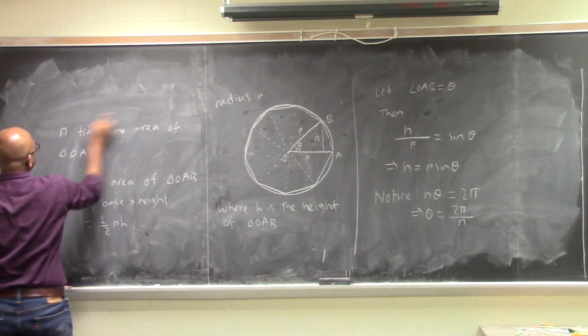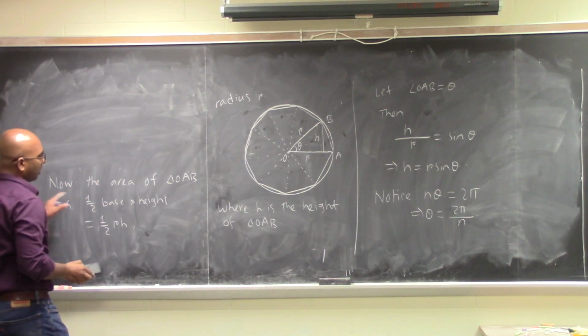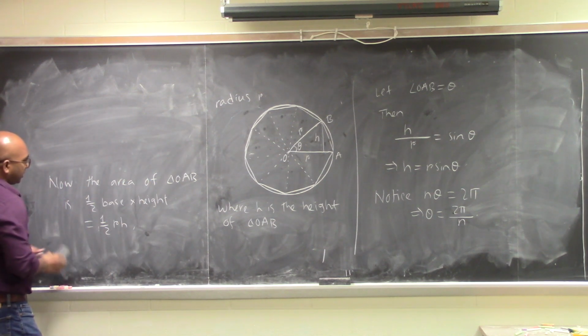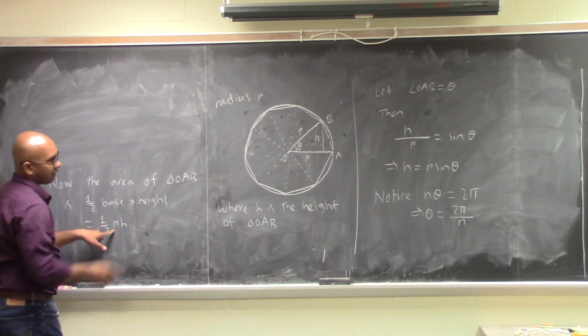And that means the area of OAB is 1/2 times r times that.